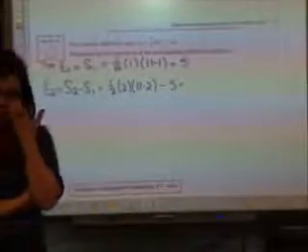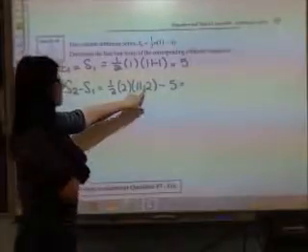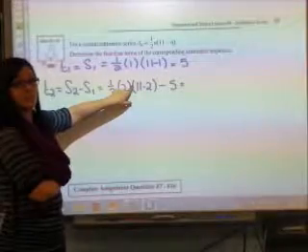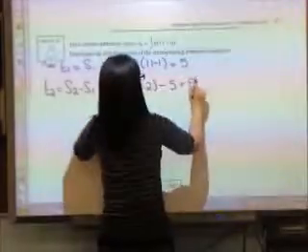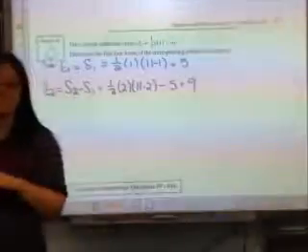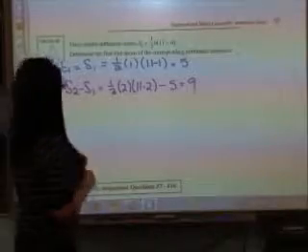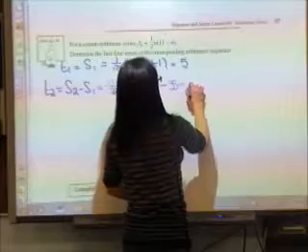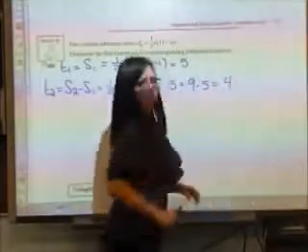So what is 11 minus 2? 9. 9 times 2 is? Times 1/2 is? Don't you have to subtract the 5 though? Or did you Oh, no, I didn't. So 9 minus 5 is 4.